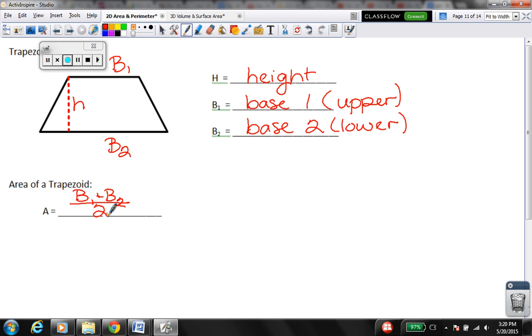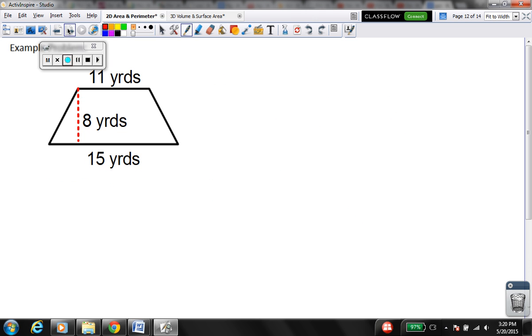So by finding the average, here is a trapezoid, we're going to find the middle, basically turn it into a rectangle. Pretty straightforward. All we need to do then is multiply by the height. So we take the average of the two bases and then multiply by the height. That's it. Let's try a practice problem then.